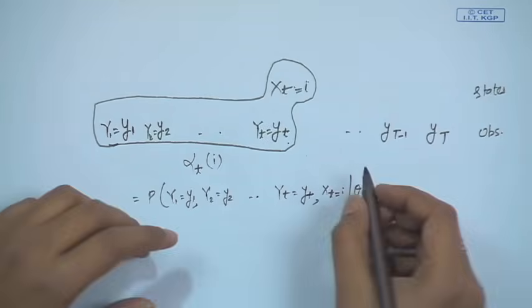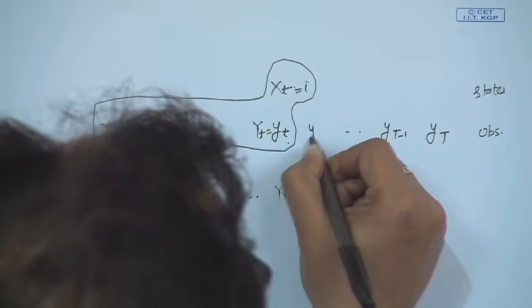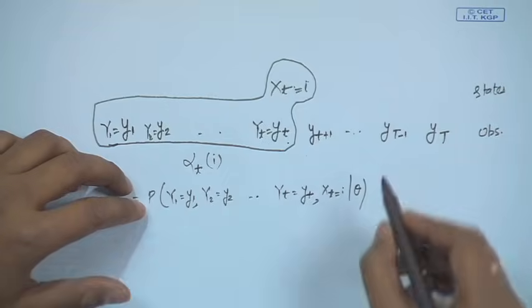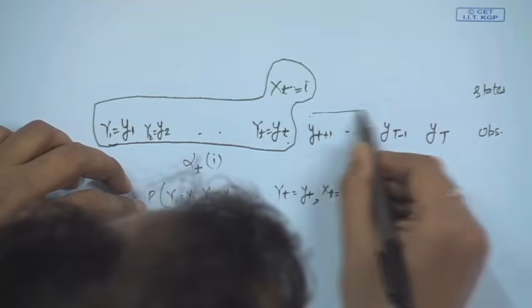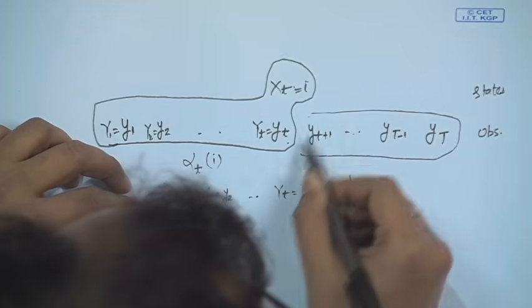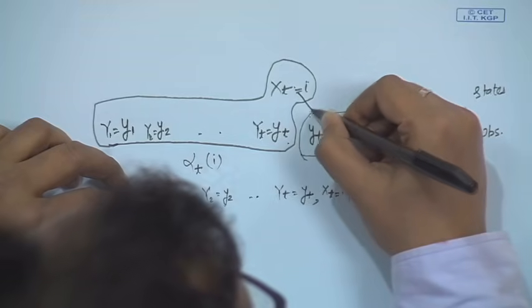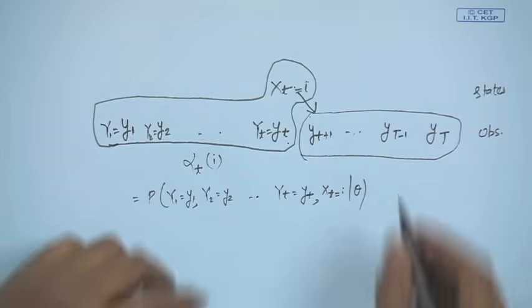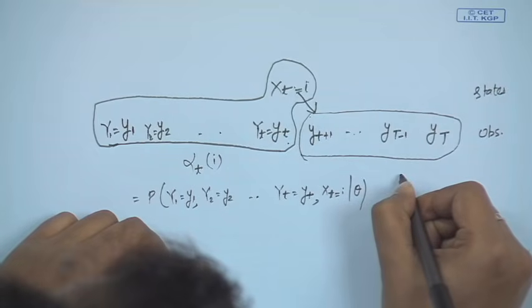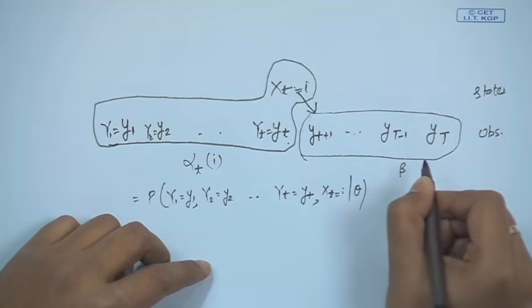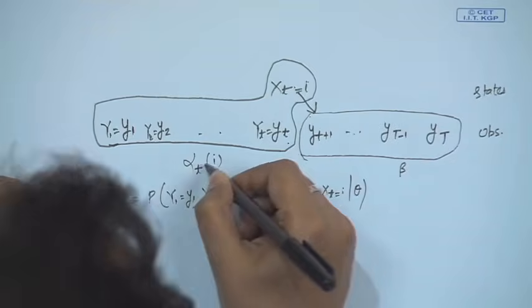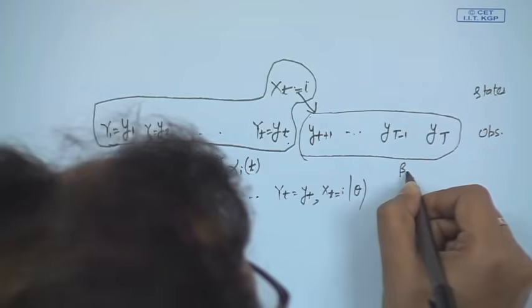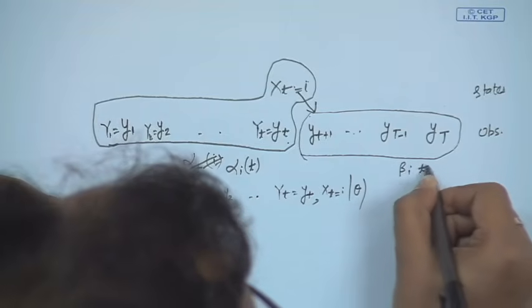Then I compute a backward probability. What is that? This is the probability of observing this given this state. Okay? So this is my alpha it and this is my beta it.